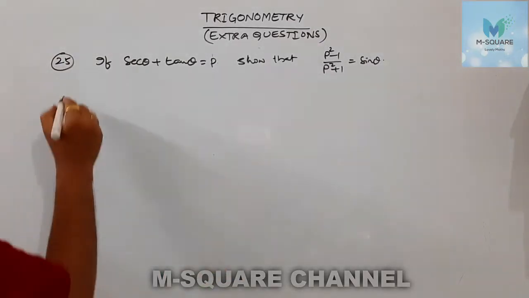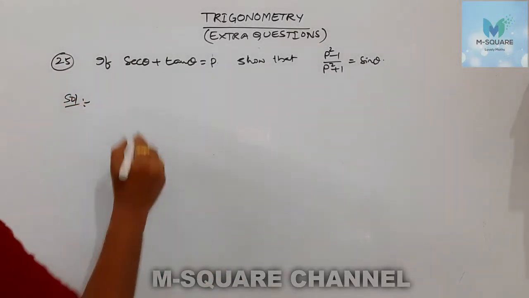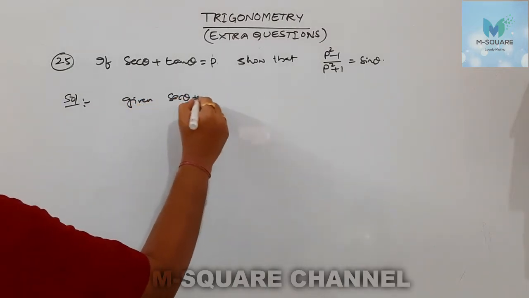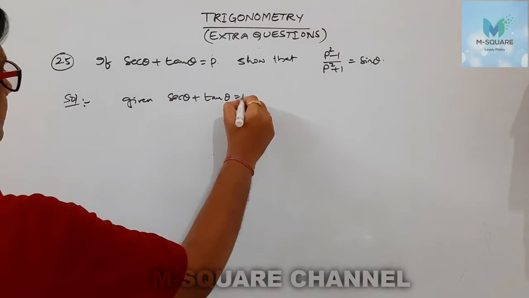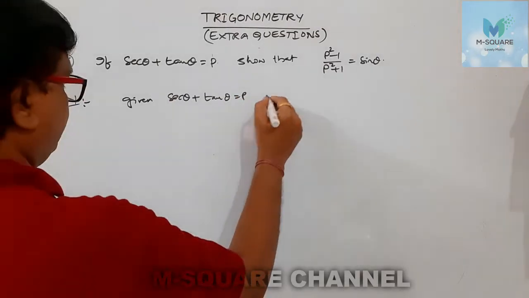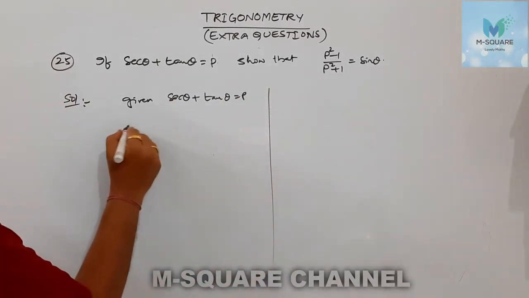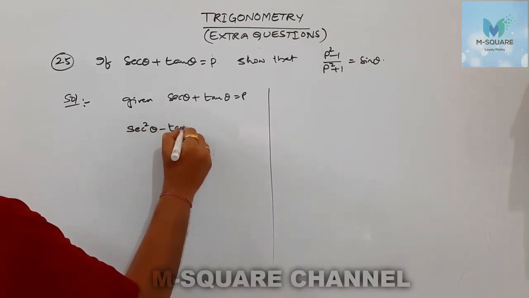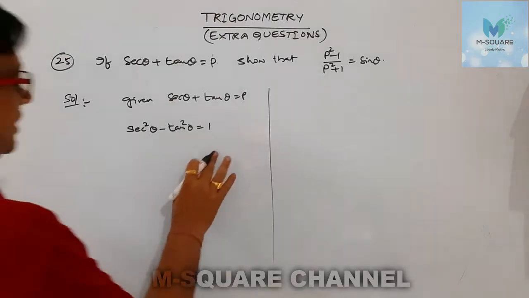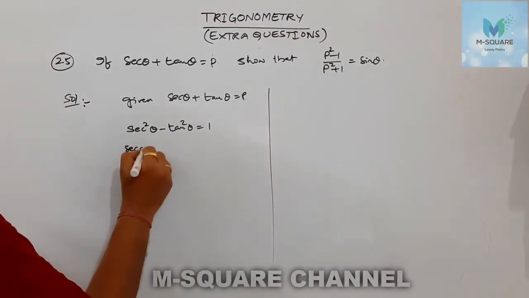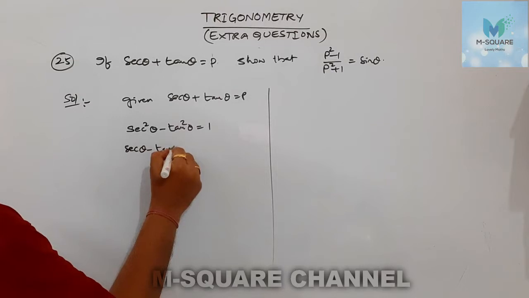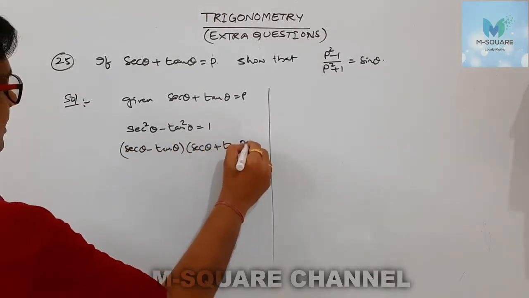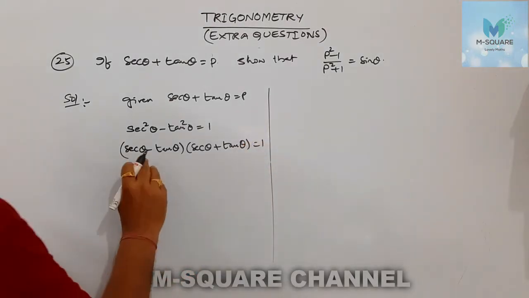See, in this case, given secant theta plus tan theta equals P. Already we know that secant square theta minus tan square theta equals 1, the second identity. So (secant theta minus tan theta) into (secant theta plus tan theta) equals 1.